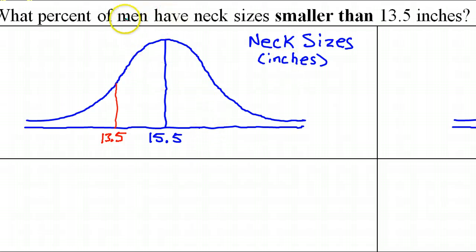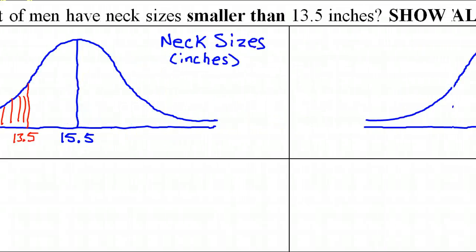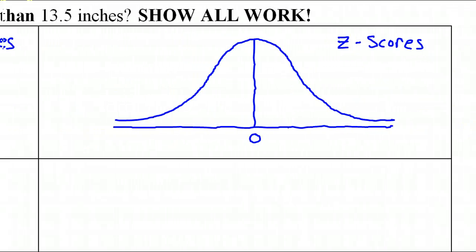Now, we want the neck sizes that are smaller than this, so that would be this area in here. So just shade that in. We're looking for what percent this is. We don't know it. Your neck size graph and your z-score graph should look the same except for the numbers. Okay, so let's do the same thing we did over there. It's just that we don't know what z is yet. We'll find that out soon.